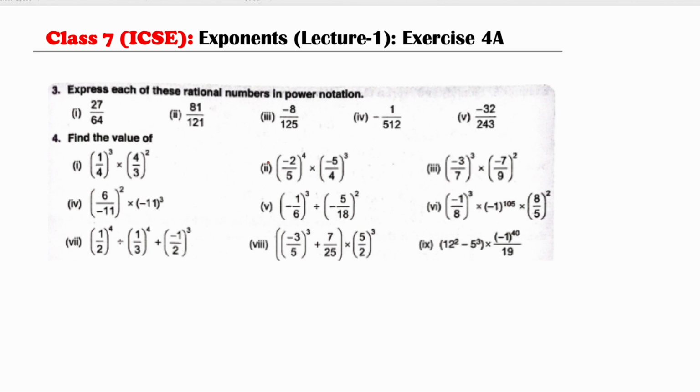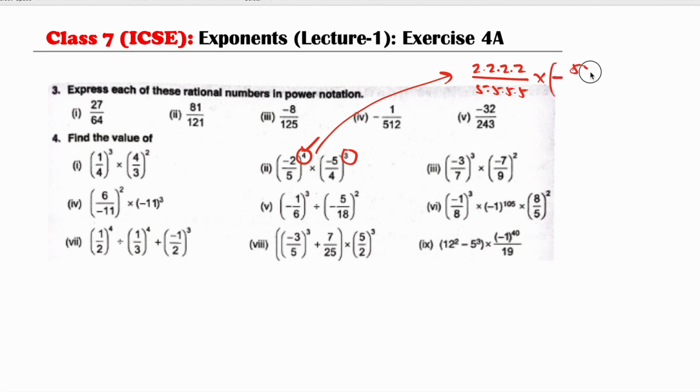Now see the next. What is here? This is minus 2 into minus 2. Power is even, so the number will be positive. 2 into 2 into 2 into 2, 4 times. 5 into 5 into 5 into 5, 4 times. And here the power is odd, so this will be minus. We take the minus sign outside.